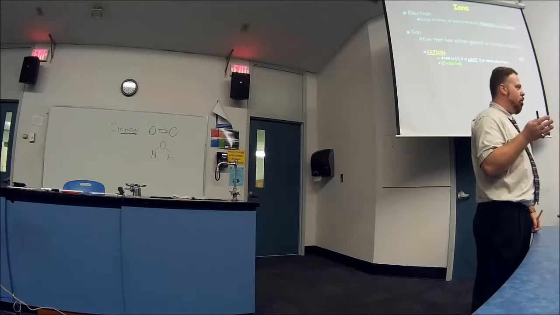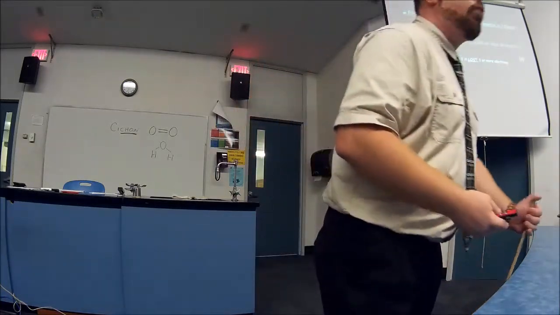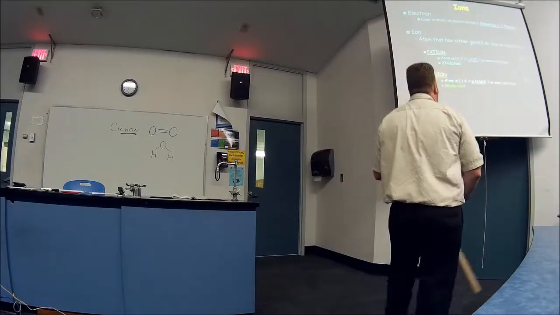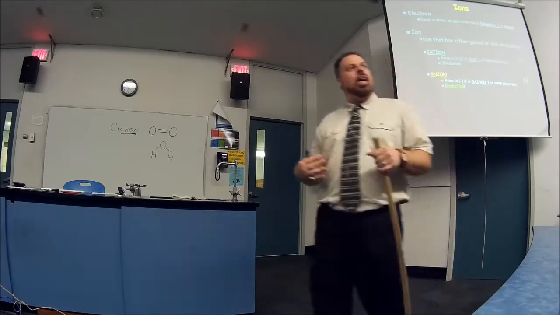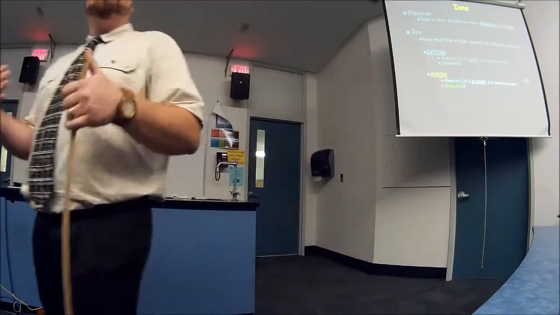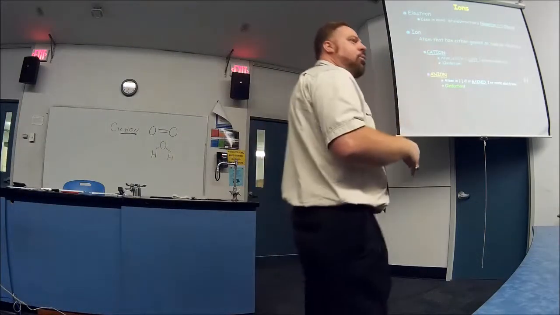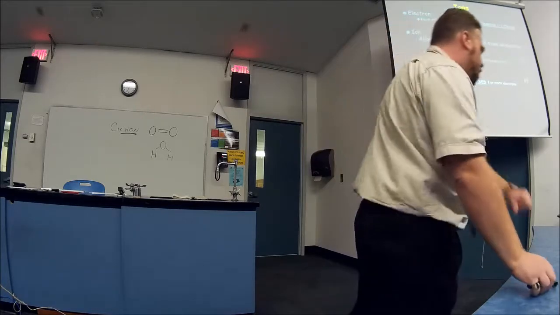Half of you may understand what's going on. Half of you are like, that's the opposite of what I've known all my life. You lose, why are you positive? Well, you could also have an anion, and that's when you gain an electron, but you become negative. And that's what we call reduction, because you're reducing the charge. So this is why. And I'll show you up on the board here.